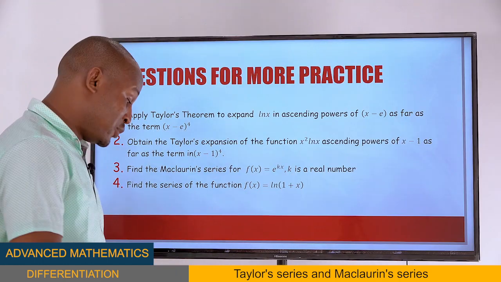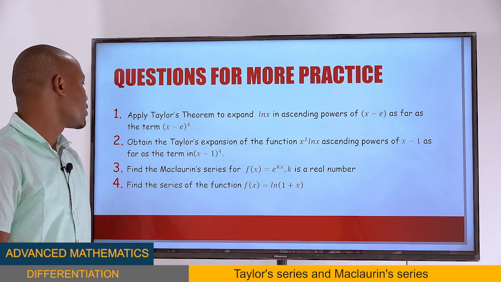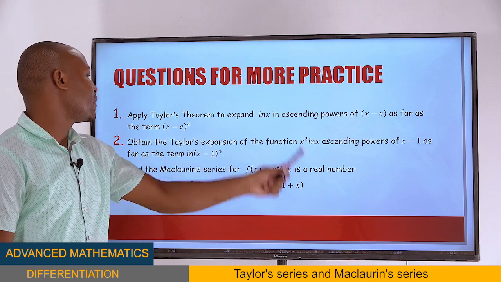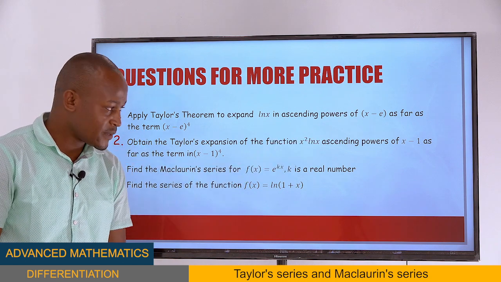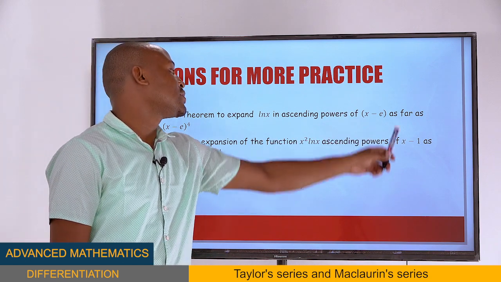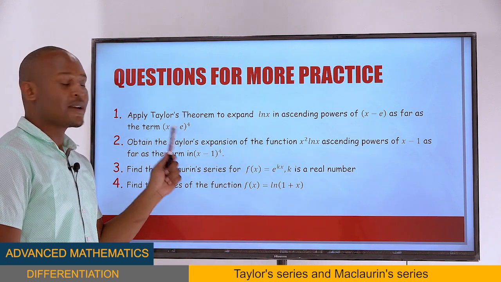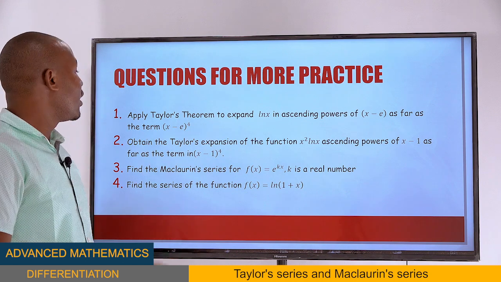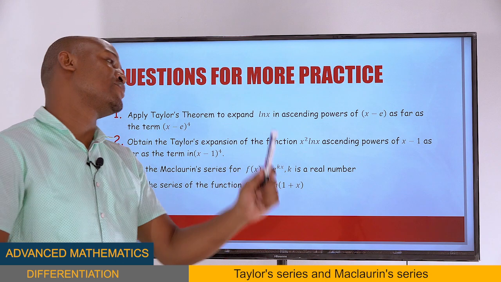Student, I'm going to leave you a few questions to practice. Apply the Taylor theorem and expand the natural logarithm in ascending powers of x, as far as the term x minus e raised to 4 is concerned.